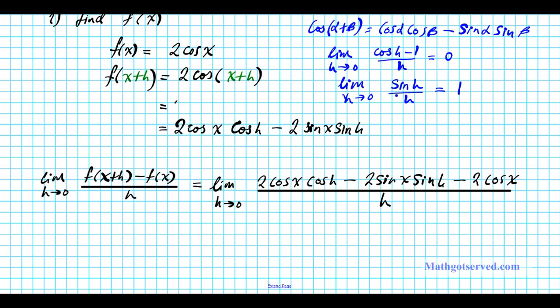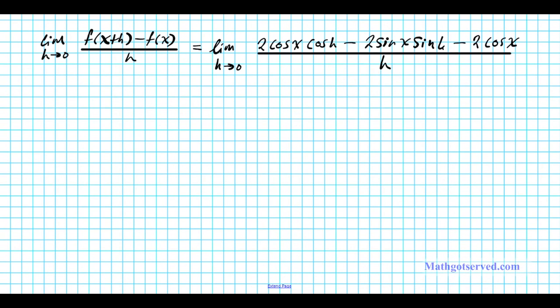All right, so what we're going to do next is break down this expression into a situation where we can apply these two limits that we already knew before. I'm going to move this cosine x piece over right here, and I'll leave the sine x sine h over h alone.